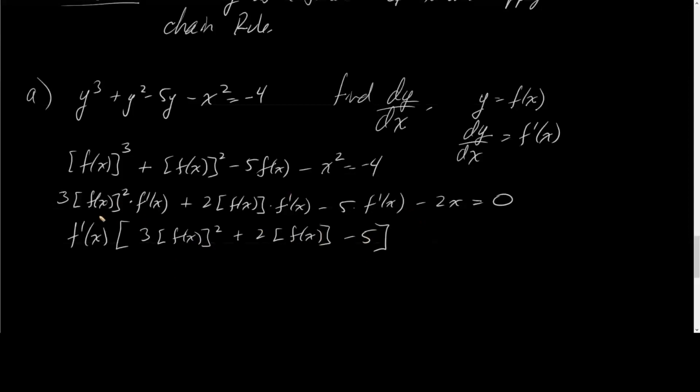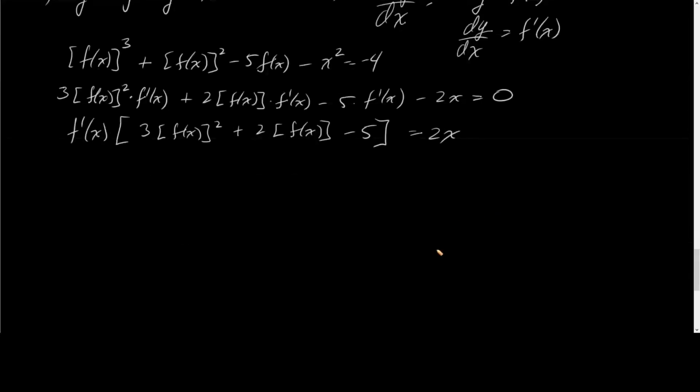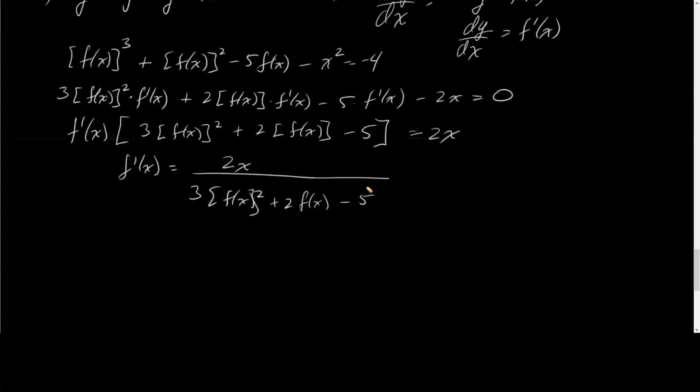Just factor it from the first 3 terms. This −2x, move it to the other side, so I end up with equals 2x. So that now, solving for f′, I end up with f′(x) is equal to 2x over 3f(x)² + 2f(x) − 5, right?